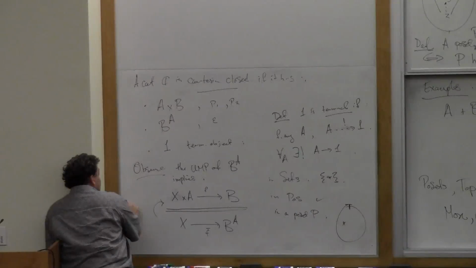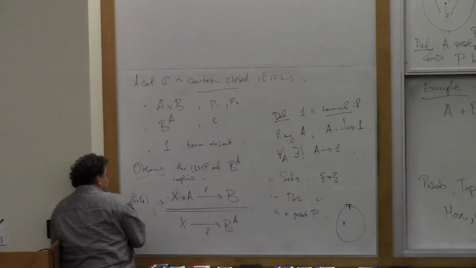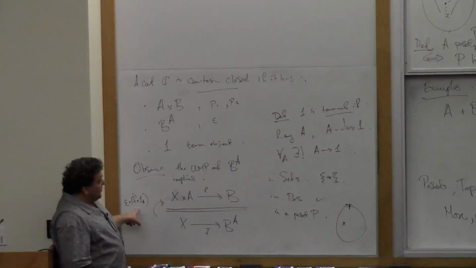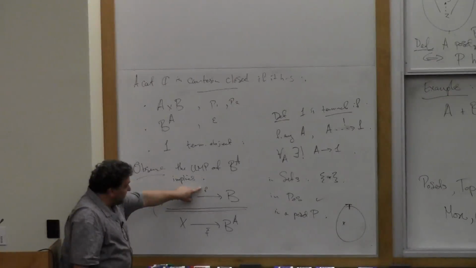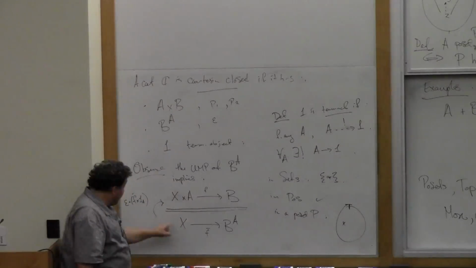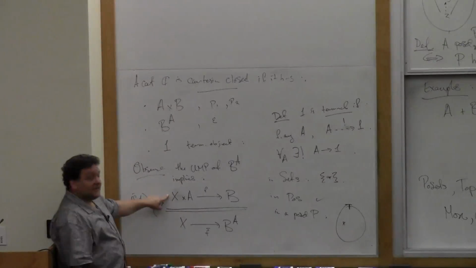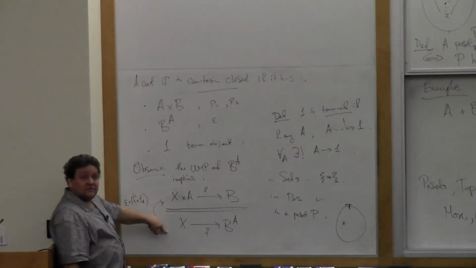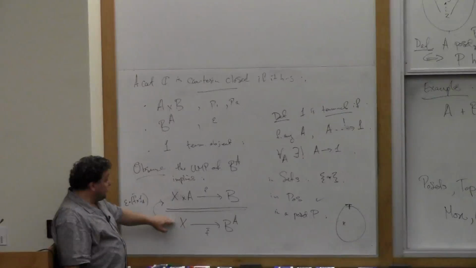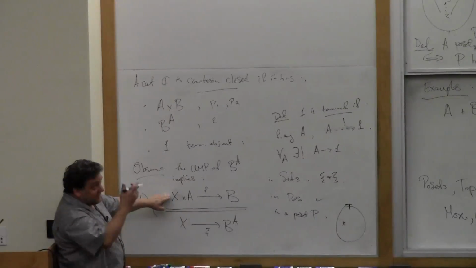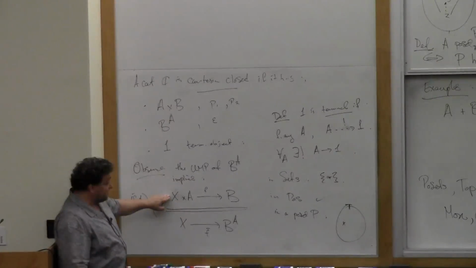Take evaluation, compose with F bar, cross with 1A. Right? The universal mapping property says, given any one of these, there's a unique one of those, such that when you apply this operation, you get this thing back out. That's exactly what it says. So it says exactly that this is a bijection. We have this kind of two-way rule. It's just like the rules that we had for the product over there.